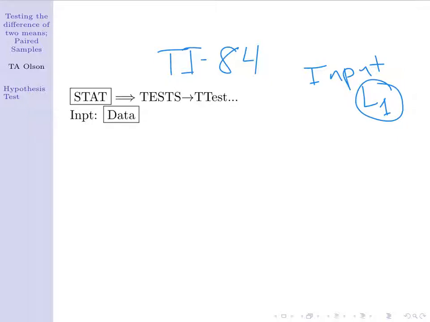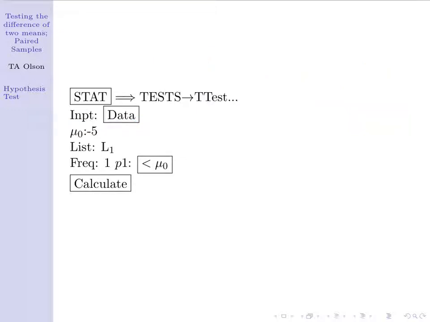So that's going to be the data in list 1, and so I want to look at the input as data in this case. As for the rest of it, our mu naught was -5, right? There's the claim that it decreased by exactly 5 minutes. We're using list L1 because that's where I put my difference data. My frequency equals 1.